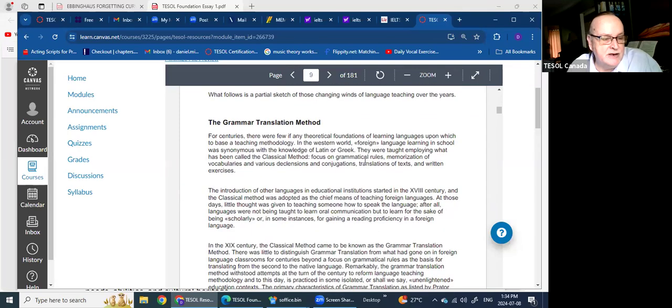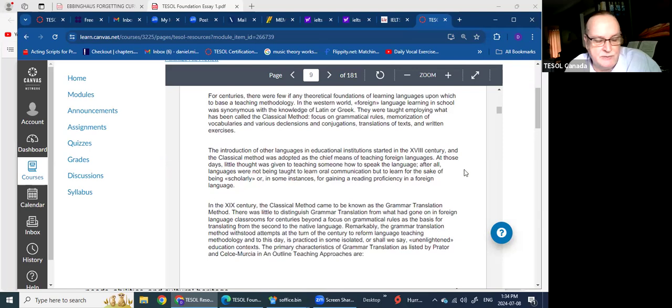So here on page 9 is the grammar translation method. Now in the table of contents, it said page 11, but that's because it was 11 pages into the document. It's actually page 9 of the actual text part. If we can recall what we learned about it in previous webinars, the grammar translation method was the way that a second language was taught and acquired during the beginning centuries of time.